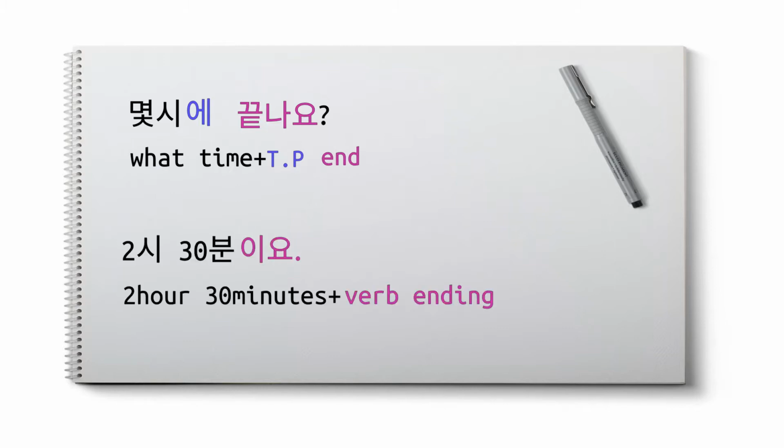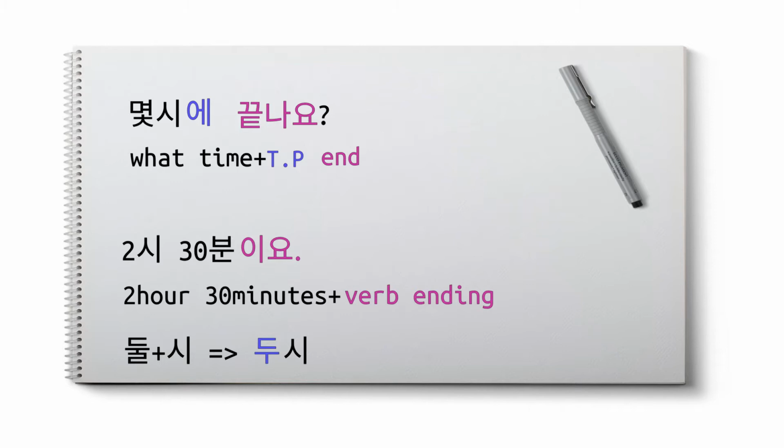2시 30분이요. 2 is the number 2 in the Korean number system, which actually came from 둘, but it's used with the hour counting unit, so the ㄹ as the last consonant has been dropped.